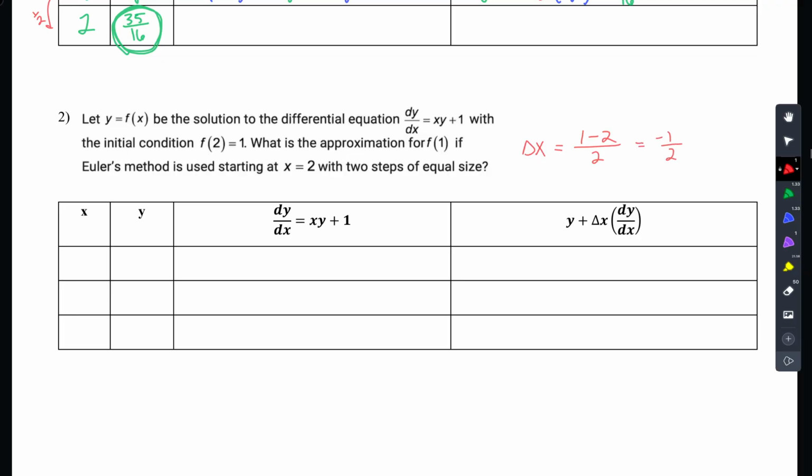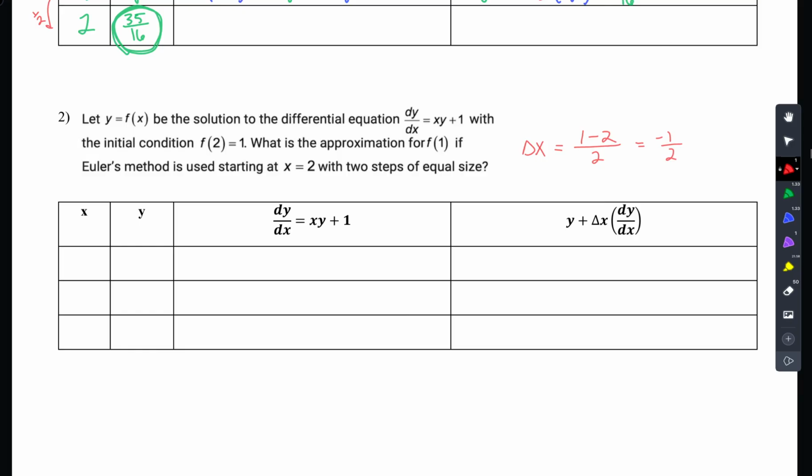Okay, wait, just kidding. I realized something. You're going from 2 to 1, right? So you're going backwards. Do you know what I'm saying? So your change in x is negative. It's kind of like you had a fish population and you want to know what it was before. Your change in x is negative because you're trying to get rid of the rate that happened over time.